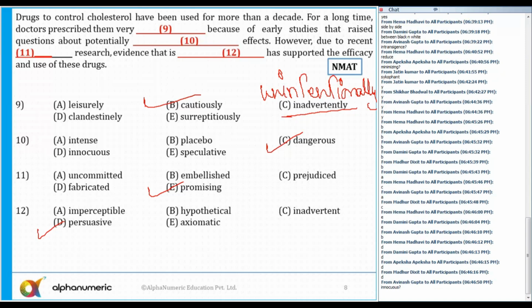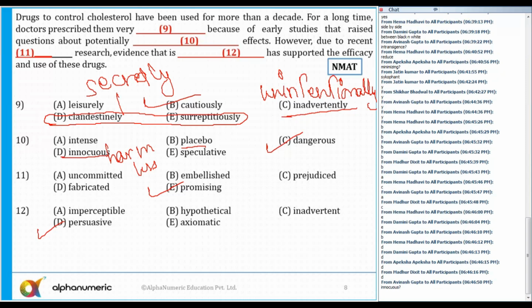Both these words mean secretly. If you do something in a clandestine manner or a surreptitious manner, you do it secretly. If something is innocuous, it is harmless. Okay, harmless. Innocuous means harmless. It is not dangerous at all.